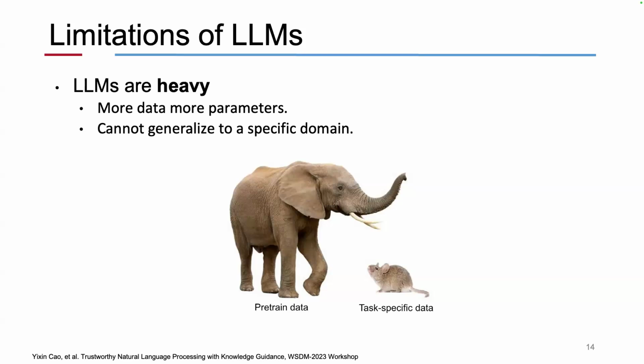So it's very difficult to generalize an LLM to a very specific domain. For instance, I have data in my domain. Do I really need to train my own LLM, or can I simply use or adapt an existing LLM? This is really a difficult situation for many researchers.